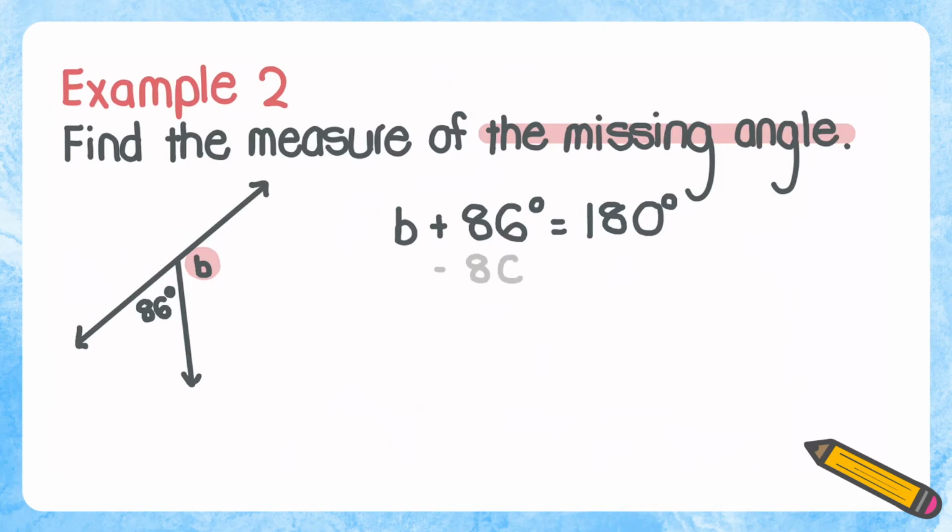I can solve for B by subtracting 86 on both sides. So I subtract 86 degrees on both sides, and I'm left with B equals 180 minus 86. And feel free to use a calculator. B equals 94 degrees. We found the measure of the missing angle to be 94 degrees.